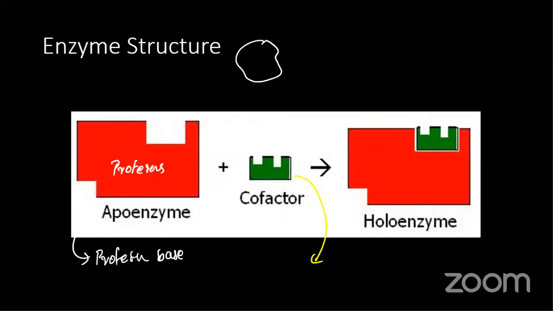Cofactor means any substance whose attachment leads to the activation of the enzyme. When you add both apoenzyme and cofactor, you will get the holoenzyme.